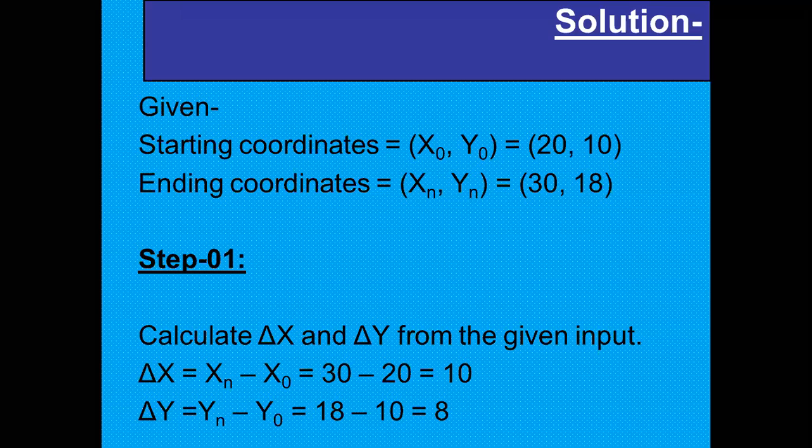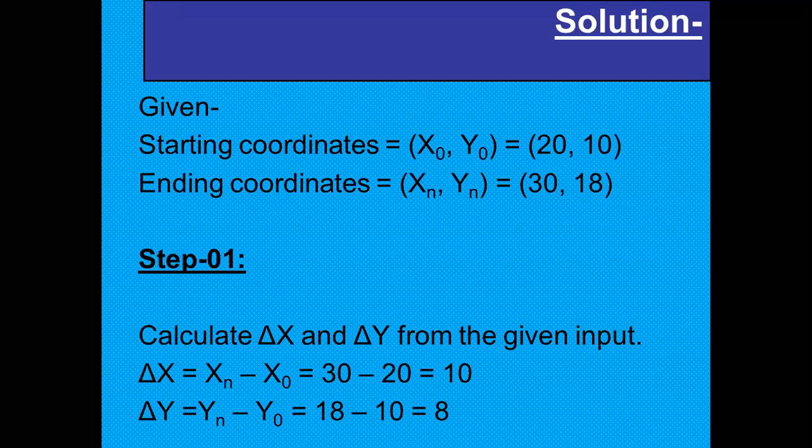After that, we will start from the initial points and reach up to the final points. So whenever you use any method, whether it is symmetrical DDA, simple DDA, or the Bresenham algorithm, first we will calculate delta x and delta y.